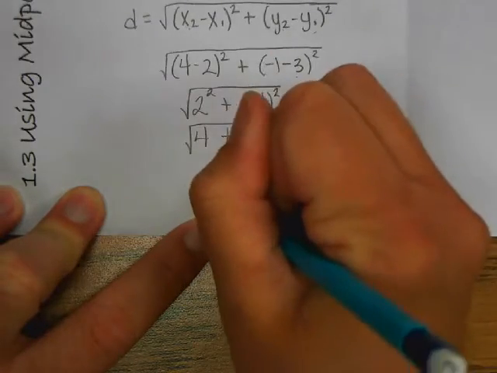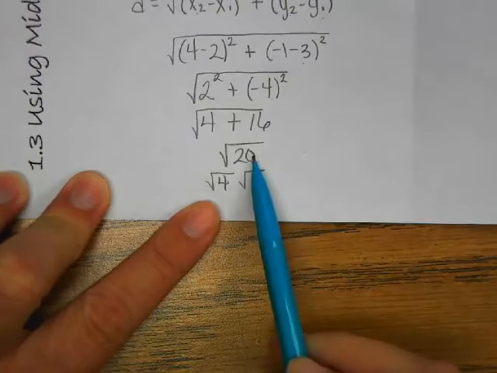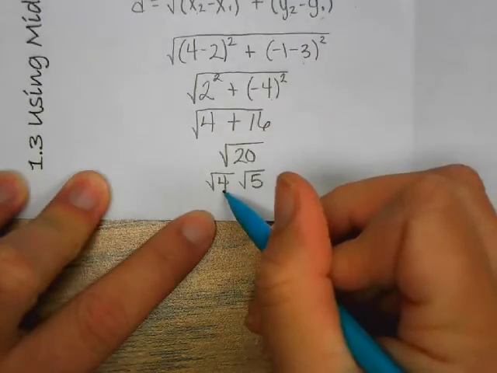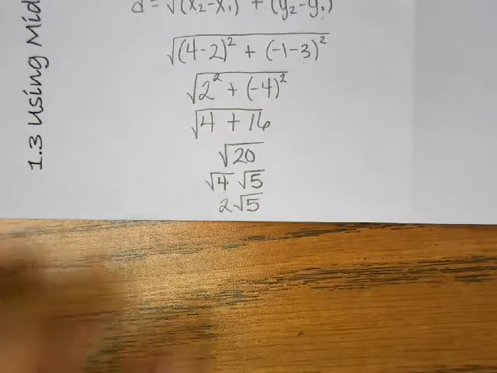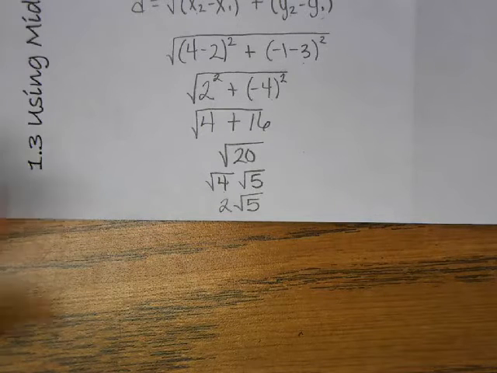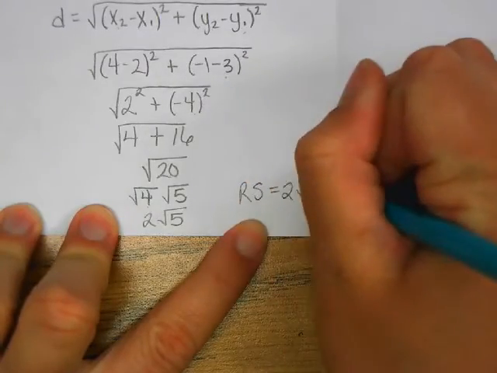And 4 can go into 20 5 times. So you would simplify root 20 to root 4 times root 5. And since the square root of 4 is exactly 2, I can then simplify my answer to 2 root 5. So that's the exact distance between point R and point S. So you would say that RS equals 2 root 5.